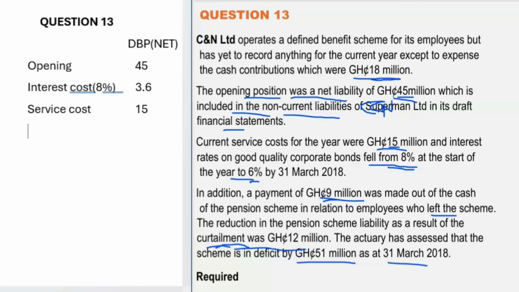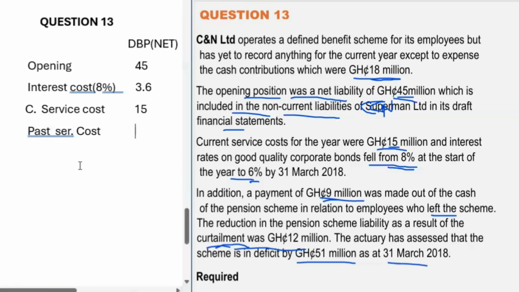So let's get the past service cost here. The first one is current, so let me write C for current service cost. And then the past service cost, which is the curtailment.